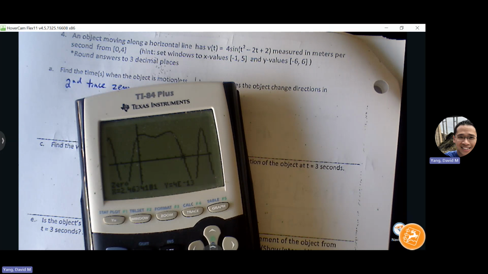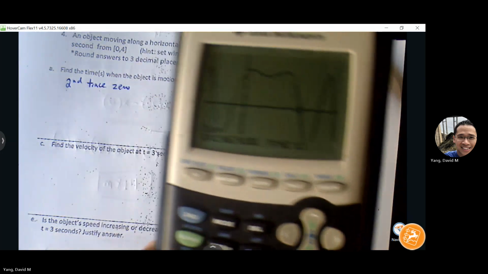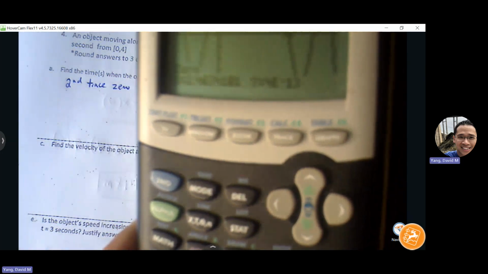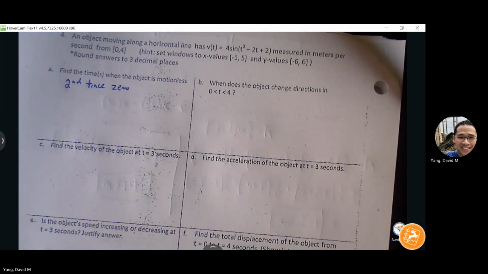That just means it's ready for you to ask the calculator, hit enter a third time, and it's going to find that x-intercept for you. So we should get 2.46463. And you'll repeat that process again for your other x-intercepts.